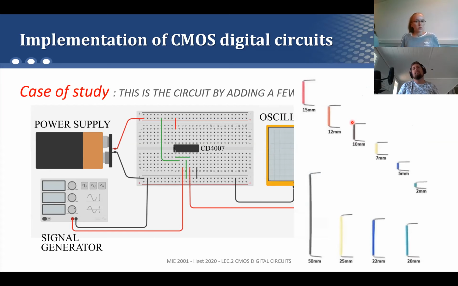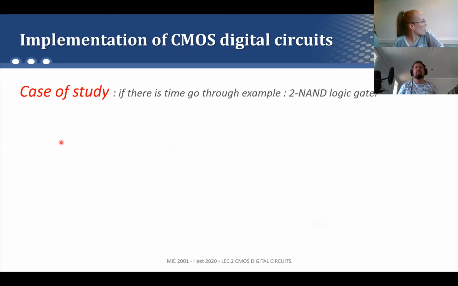Okay, I won't go into detail about what this line here is. These are wires, of course. So yeah, you know. Okay, so here I wrote, I would like to show you how to use Tinkercad to realize an AND, but it seems there is no time. It's something that I anyway solved in the preparation.